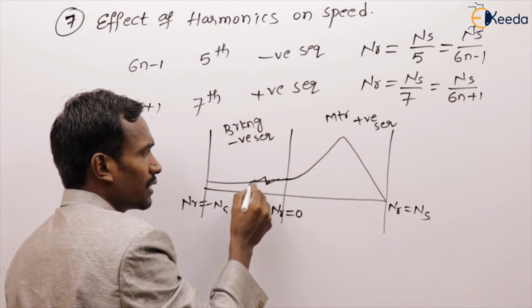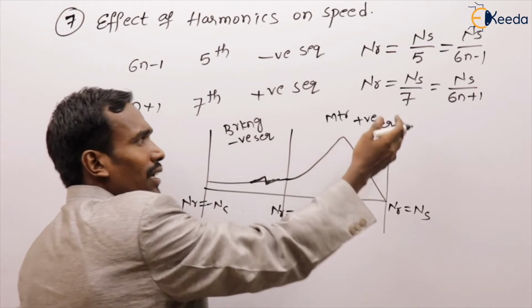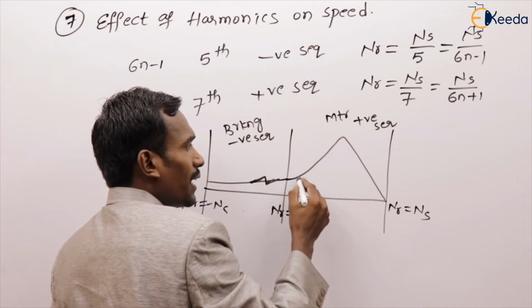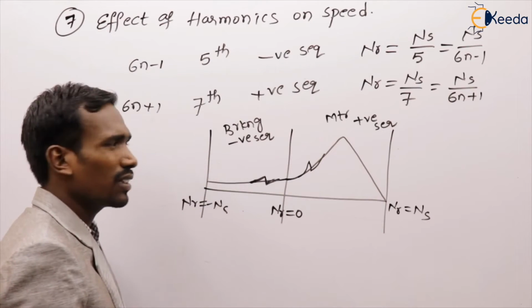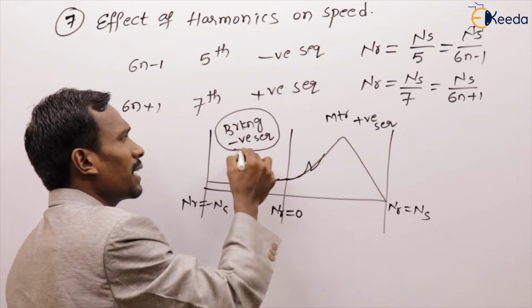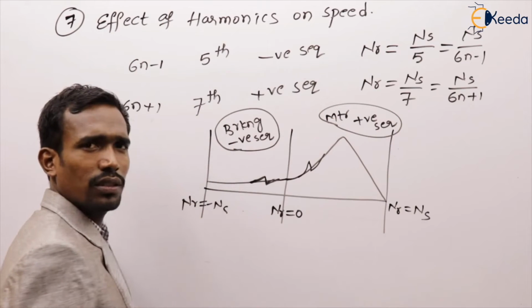Nr equals Ns by 7, the speed is like this. So negative sequence is in braking mode, positive sequence is in motoring mode.